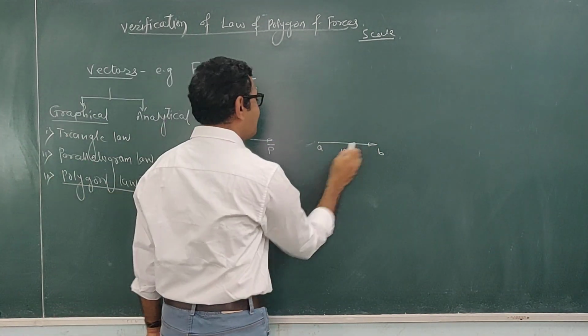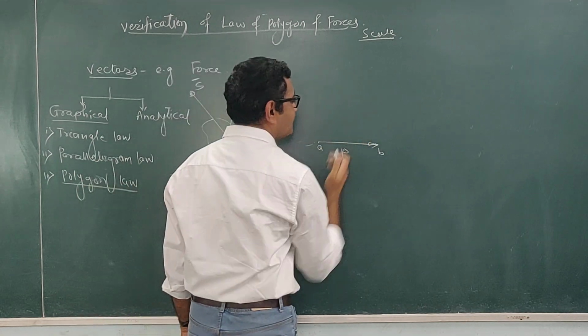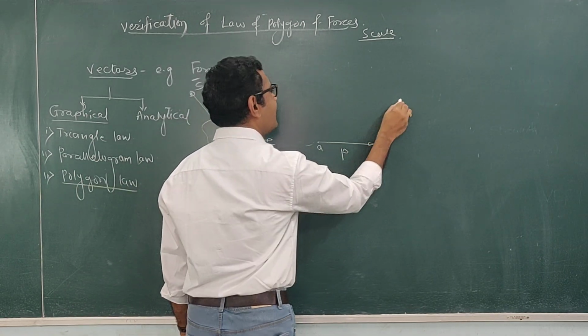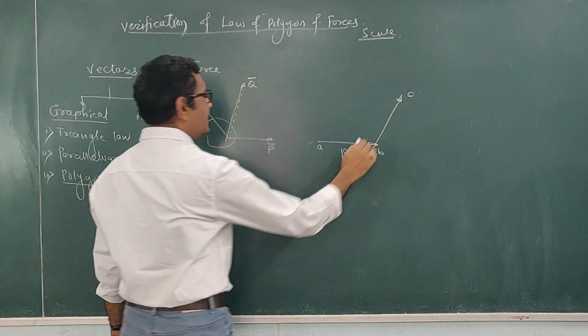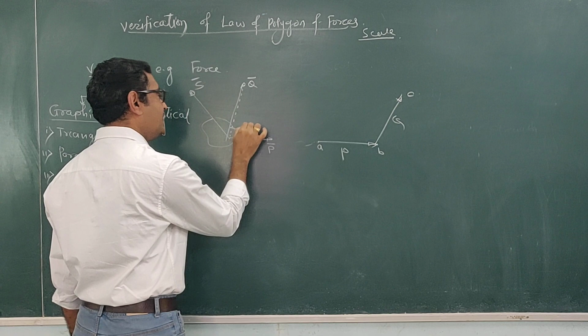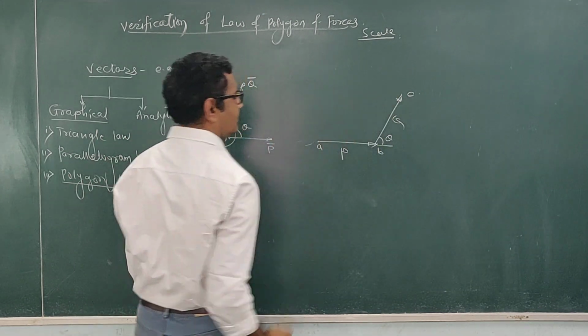So this AB line represents the force P. Now from this head end, you have to represent the next force, which is Q. So draw the line parallel to the line of action of this force Q, such that this BC line represents the force Q. If this angle is theta, this will also be theta because these two lines are parallel.